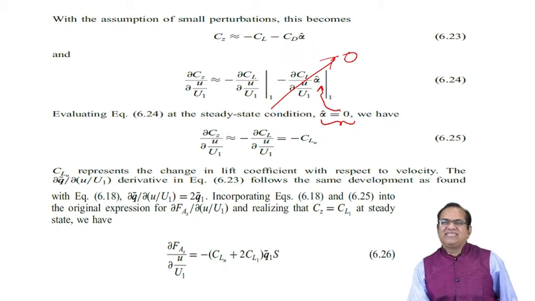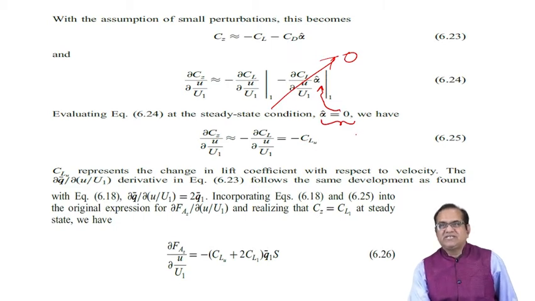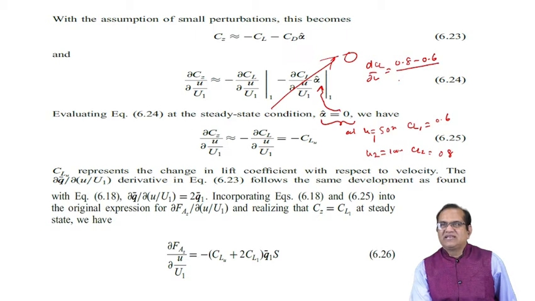So here we can see that this derivative, dCL by dU by U1, is equal to minus CLU. So at U1 of 50 meters per second, CL1 is 0.6. At U2 of 100 meters per second, CL2 is 0.8. So dCL by dU is equal to (0.8 minus 0.6) divided by (100 minus 50).